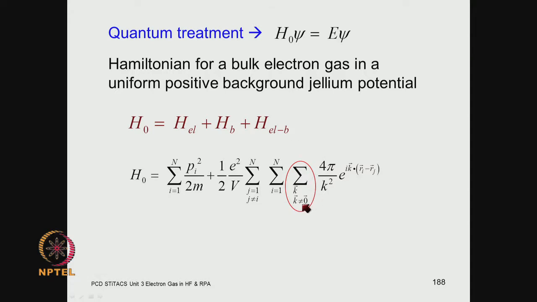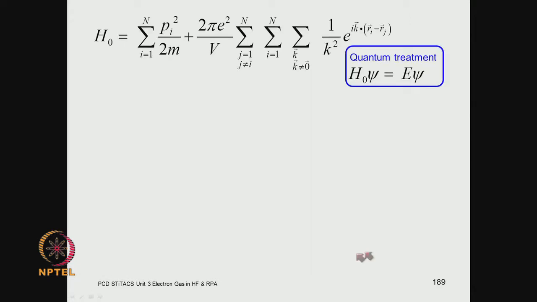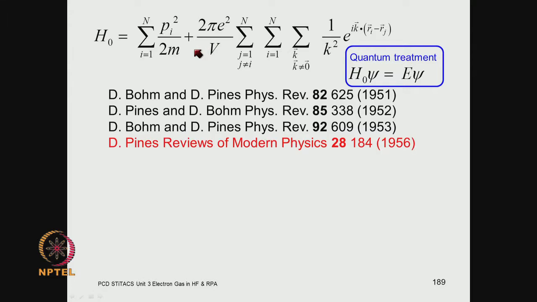Remember that k equal to 0 is removed from this, because that is the one which cancels the background terms. So, here I have simply obtained 4 pi over 2 gives me 2 pi. So, you have got 2 pi e square by V, and this is the form I will be using. Okay. Now, this is the problem we have to solve with this Hamiltonian, and the treatment is based on a good number of papers which Bohm and Pines wrote in the early 1950s.